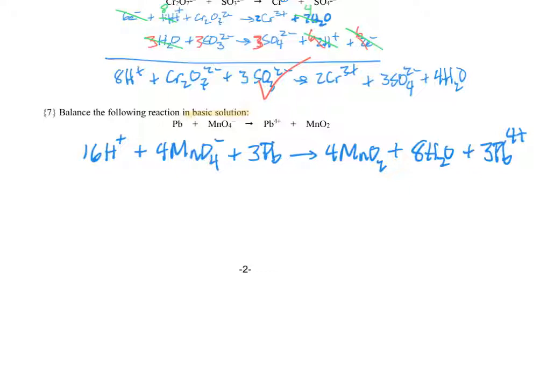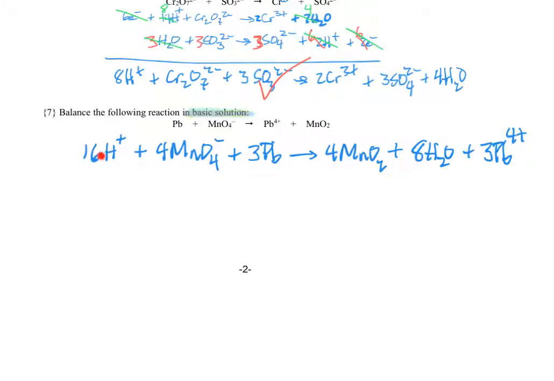But of course, the problem asked me to solve this as if it were being done under basic conditions. Basic, I guess that would actually be blue, so maybe I should change it to blue. So now what do I do to convert this to a basic solution? I kind of like to think of this as if it were a titration step. So I'm going to quasi-neutralize this acidic reaction, and I'm going to do so by adding however many hydrogen pluses I have on one side.